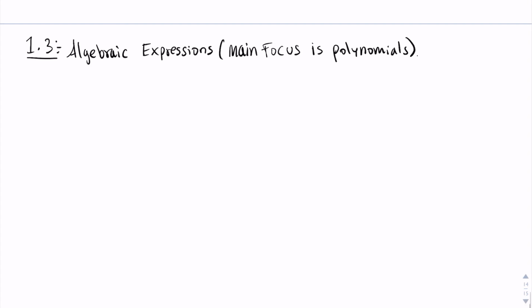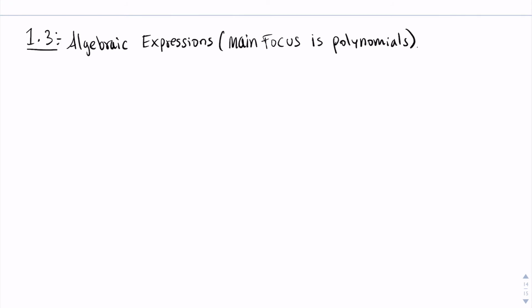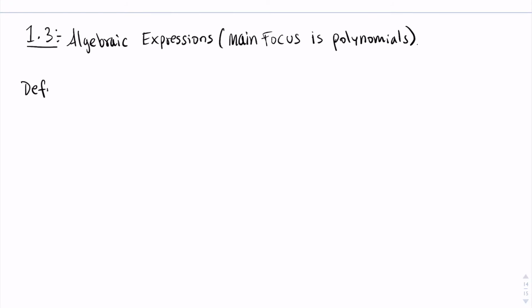So how do we define a polynomial, right? So the definition. A polynomial is nothing more than an expression in this form, right?